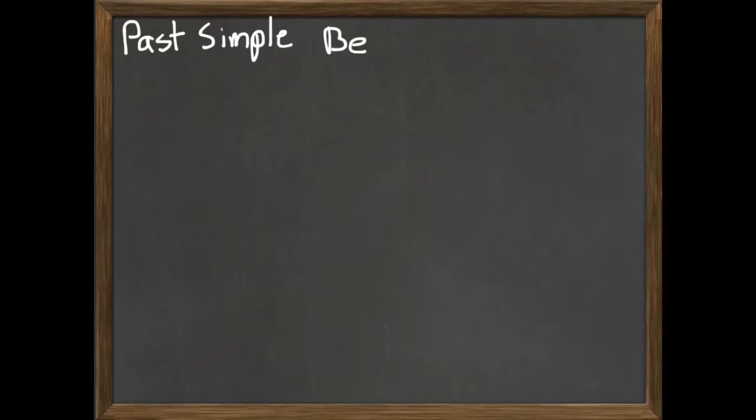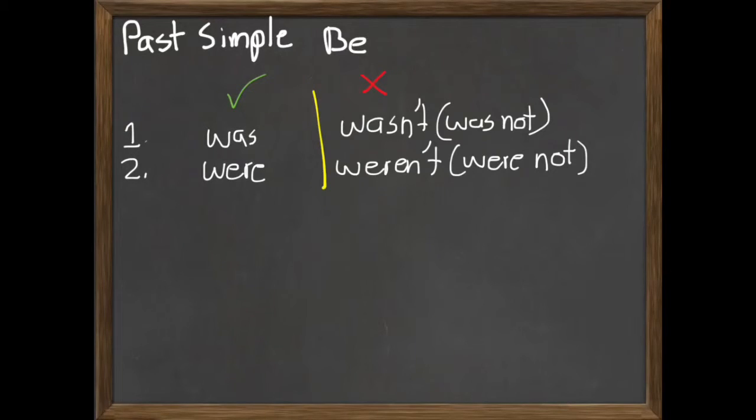Now let's look at the past simple for the verb to be. The positive form will have two conjugations, was and were. Was is used for singular nouns and were is used for plural nouns.